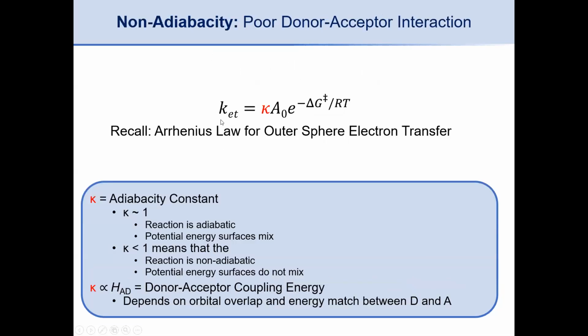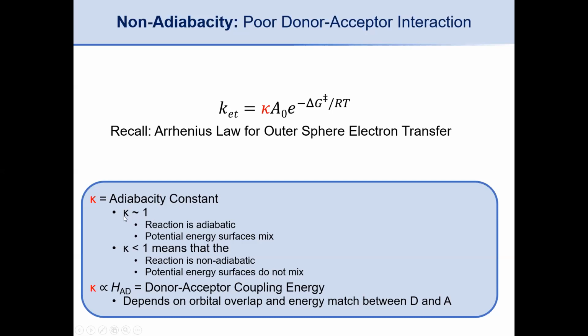So what that looks like in terms of math is that our electron transfer rate is actually going to be smaller than what is represented by the Arrhenius law, plugging in the Marcus equation for delta G double dagger. So we add this coefficient kappa to represent that, which is the adiabaticity constant.